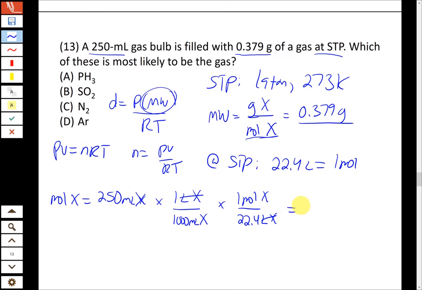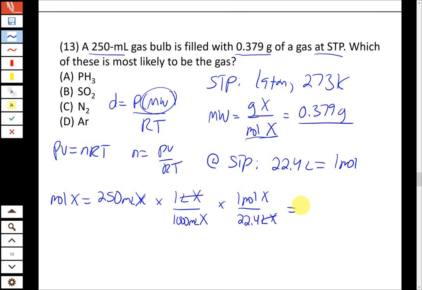Shoot, I did this in my notes the other way, so now I don't have that number. Somebody can get some brownie points and help me, or I'll try to get it here in a second, because I did this the other way in my notes, so I don't have this intermediate number. We'll see who wins.